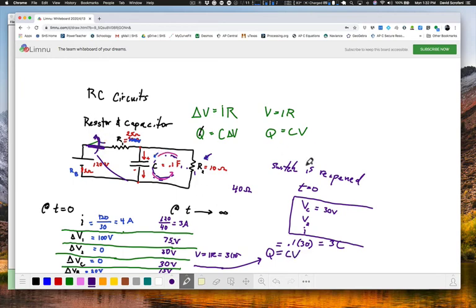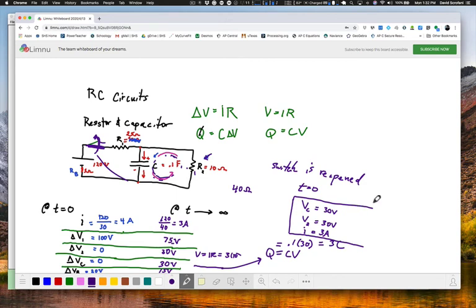Well, that means this resistor right here, facing a 30 volt potential difference, also has 30 volts across it. That means the current in that resistor is what it was a moment ago: 3 amps, correct? Because the resistance is 10 ohms and there's 30 volts across it.